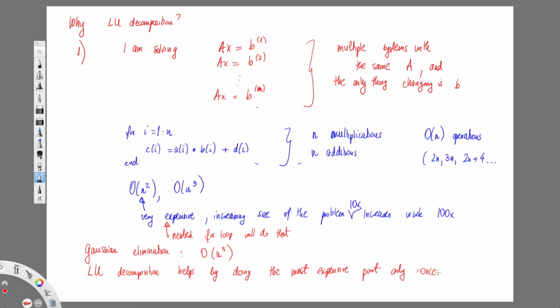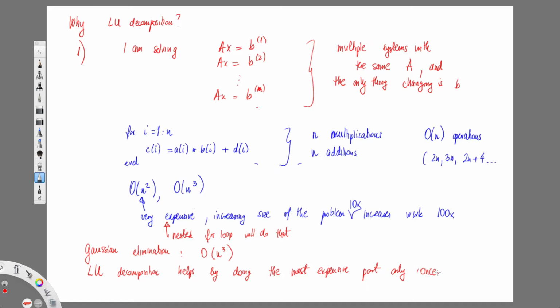Question. So you were saying the nested for loop will do n cubed? A nested for loop in itself, if it's something like this, is going to do n squared. But Gaussian elimination has so much within it that it ends up being n cubed. Because you have a nested for loop, and then within each line you also have all of those partial sums, if you remember, and they're order of n.